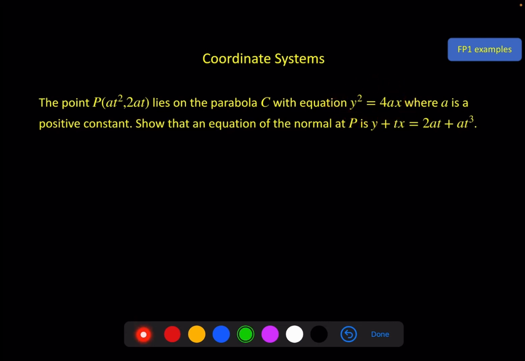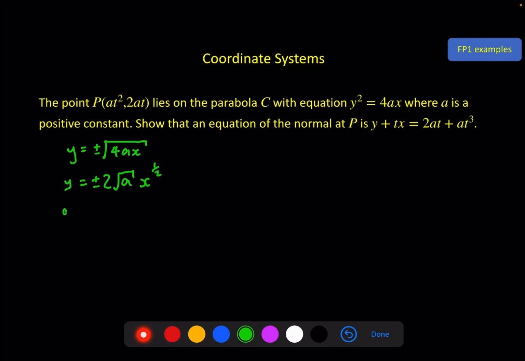So we're going to do the same as we've been doing. In this case, we're going to rearrange to avoid using implicit differentiation, and that gives us this, which I'm going to rewrite as 2 root a x to the half.